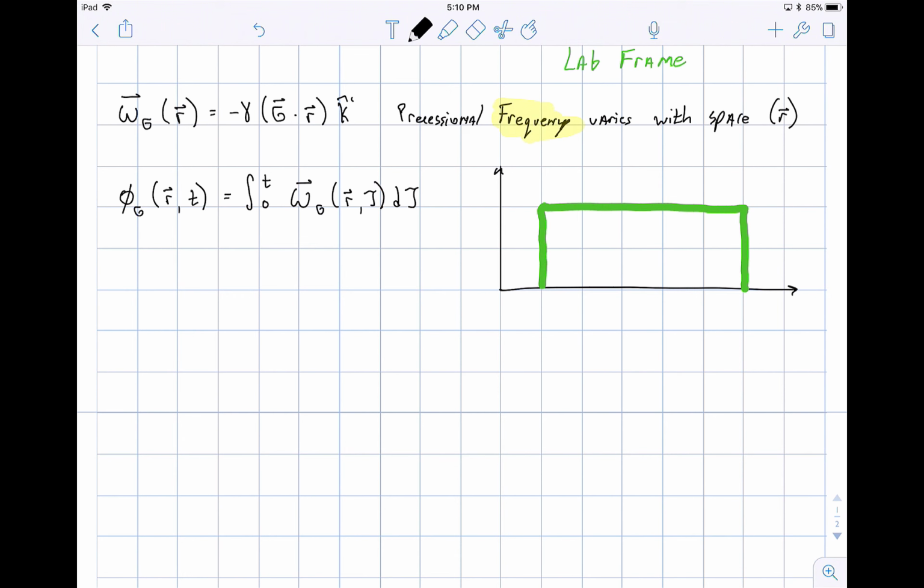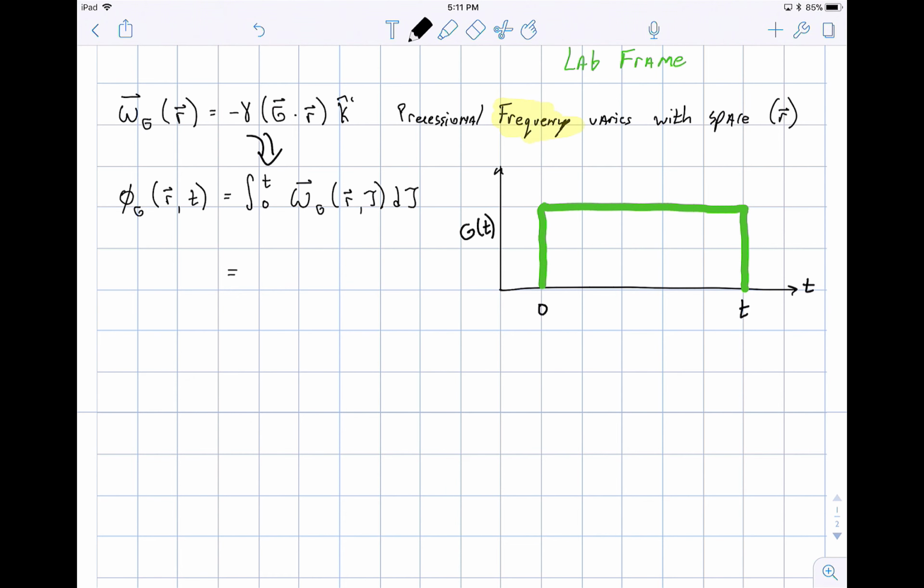This is time 0, this is some time t, and this is the gradient function as a function of time. So turn the gradient on, turn the gradient off. Just by substitution of this previous expression, we get a new expression for the phase.